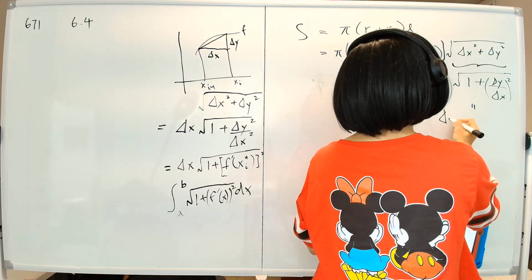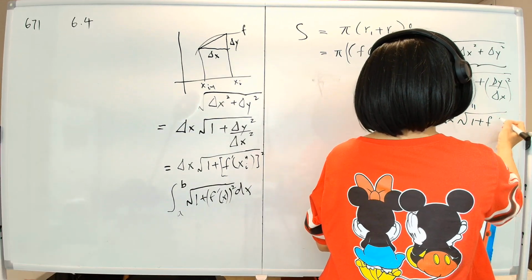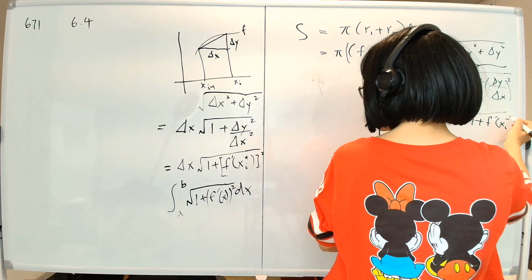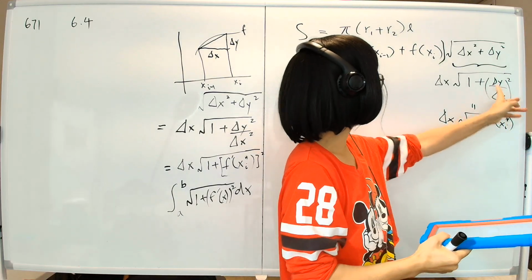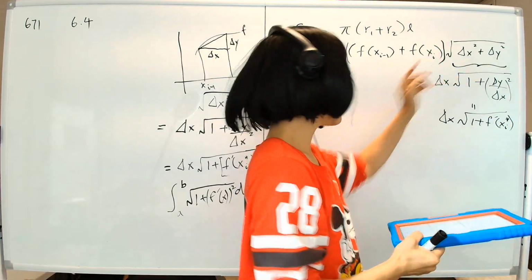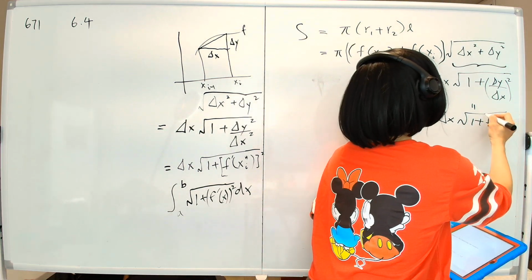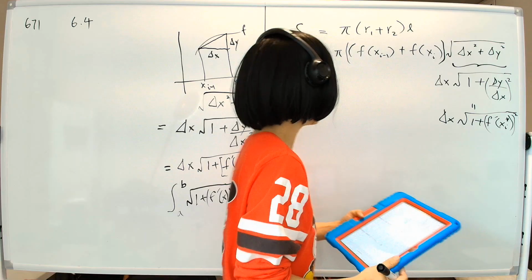So delta x times the square root of 1 plus f prime of xi star squared. The star means the xi star is between xi and xi plus 1, and that's done by the mean value theorem. But the point is, that's how it works out, just like the previous one.